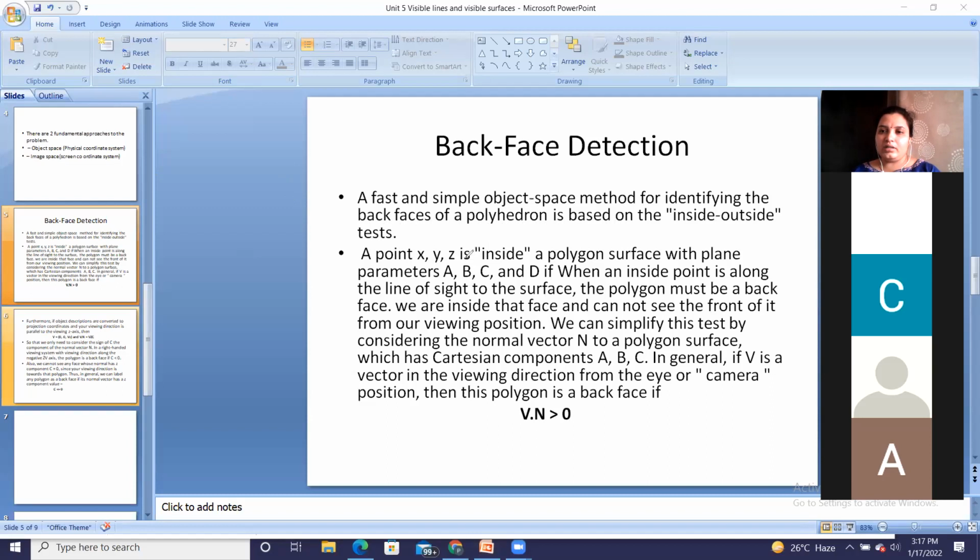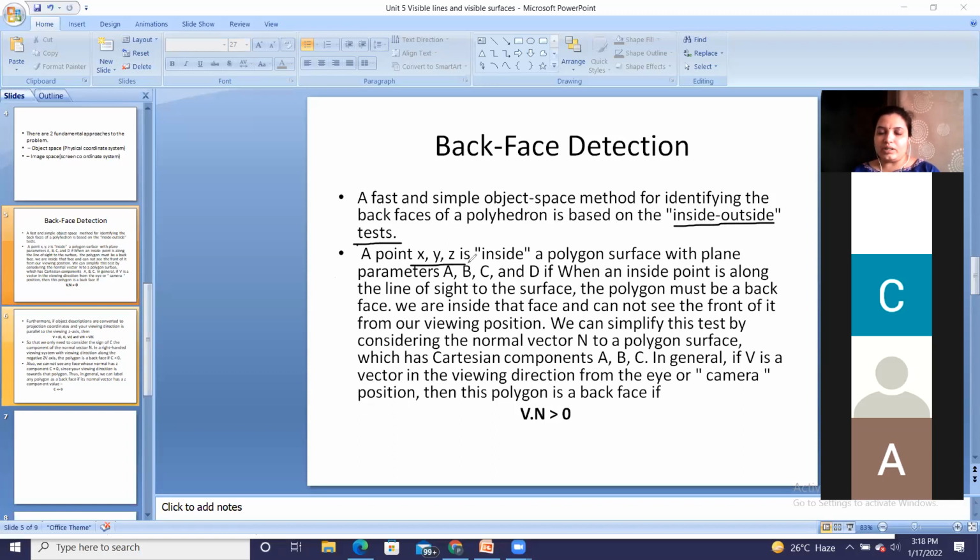It is a 3D object, a polyhedron. So how are you going to check whether a particular pixel is inside the polyhedron or outside the polyhedron? A test is carried out with a point, where XYZ are the coordinates of that point.